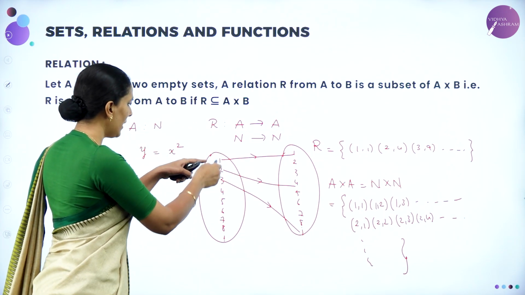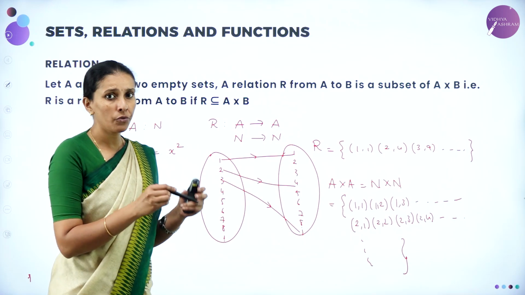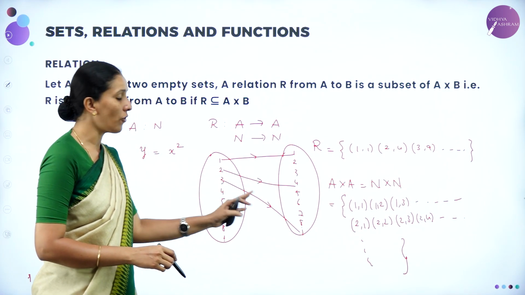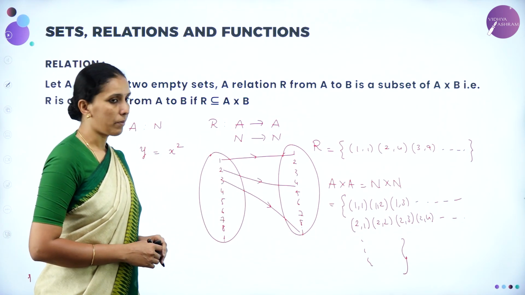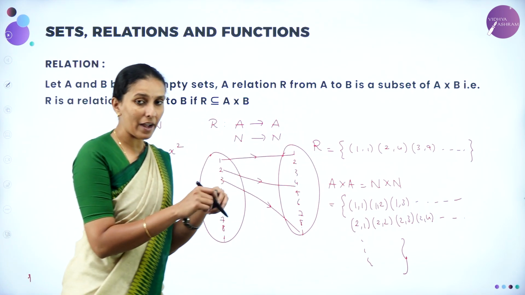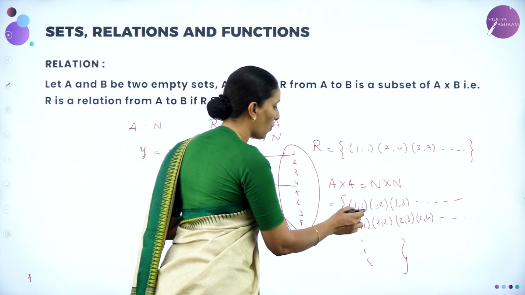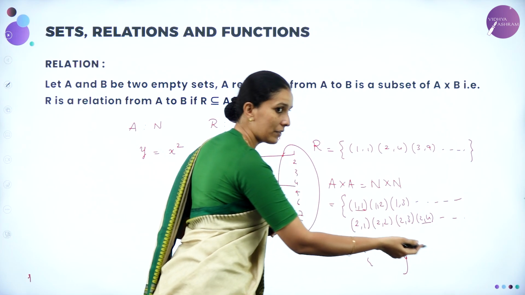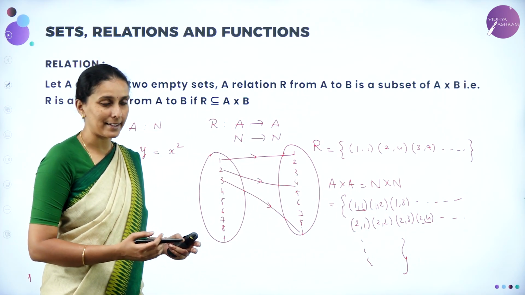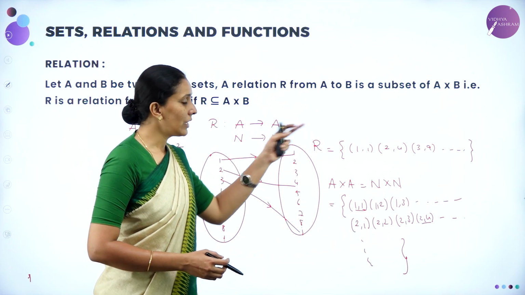That means all the elements in set N are paired with the set N. So we will be having an infinite number of ordered pairs in the Cartesian product N cross N. But when I define the relation, we will be having only the elements (1, 1), (2, 4), (3, 9), (4, 16), etc.